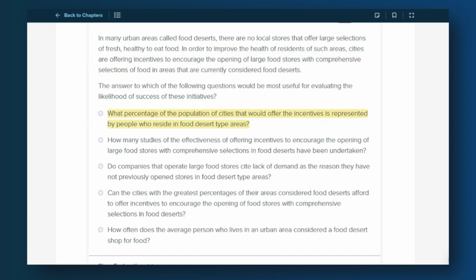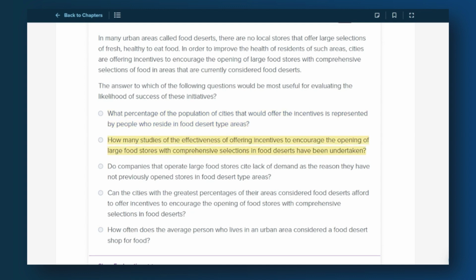A, what percentage of the population of cities that would offer the incentives is represented by people who reside in food desert type areas? This isn't helpful. Whether it improved the health of 1% of the city's population or 90%, it would still improve the health of the people.